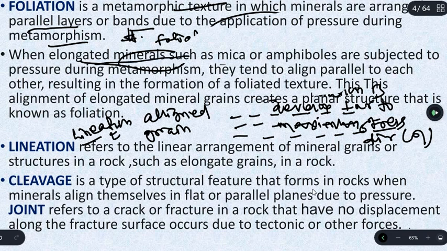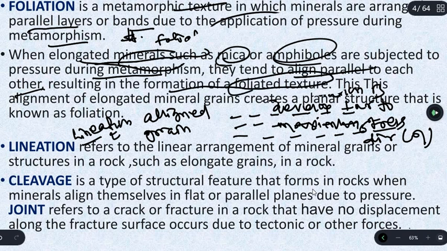When elongate minerals such as mica or amphibole are subject to pressure during metamorphism, they tend to align parallel to each other, resulting in the formation of a foliated structure. Ruby, now are you getting my answer or not? Always, if there will not be the plane, then how is it possible to develop the linear structure or striation, right?